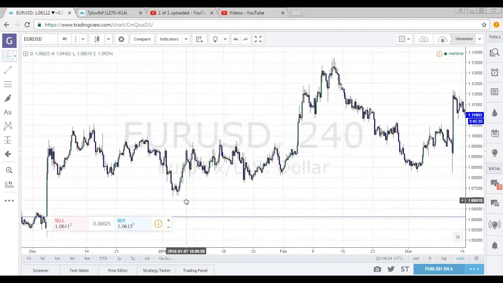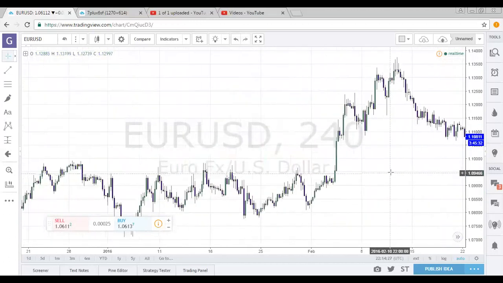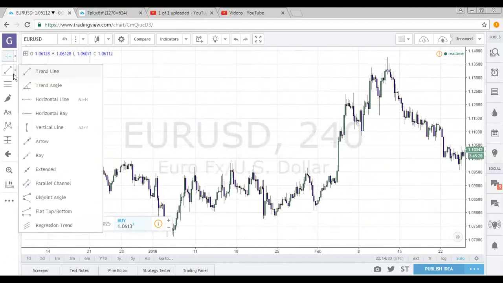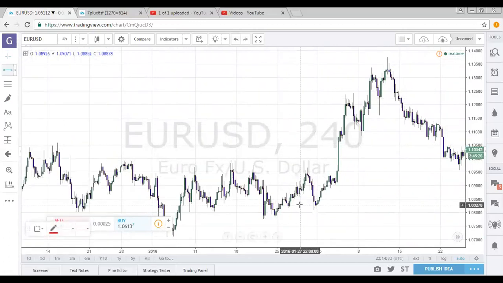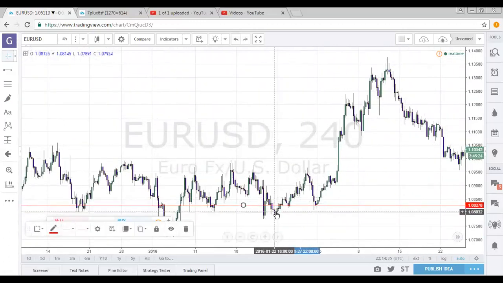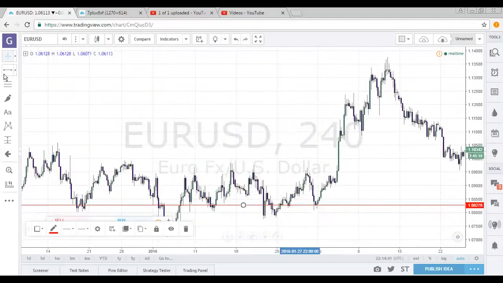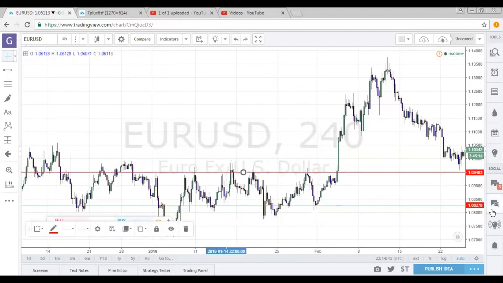Okay, so a W, here we go, is pretty much a double bottom. It's a double bottom, support and resistance line that cannot be broken, and a double top or a triple top, just depending on the range and how it's working.